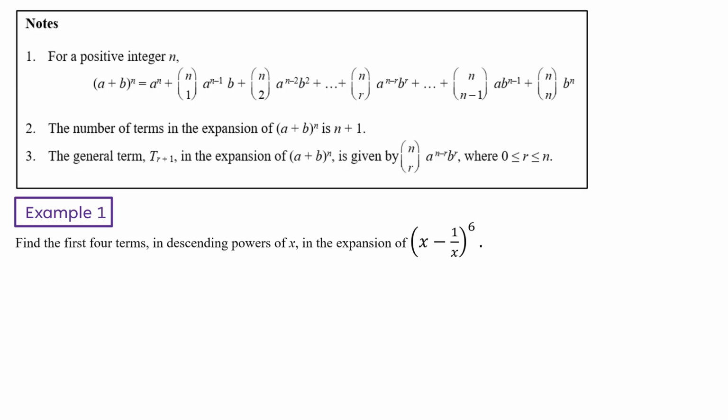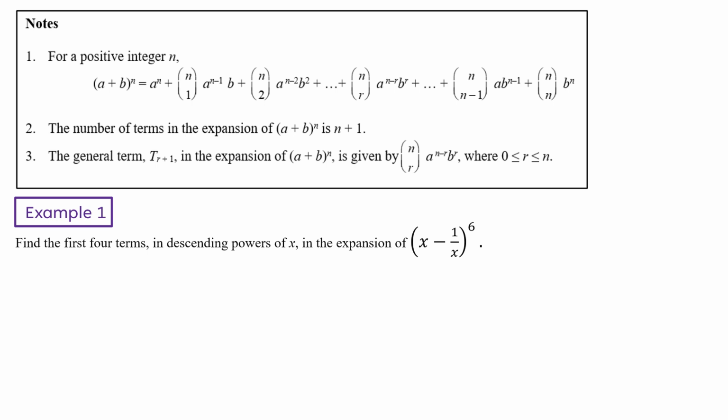First, let's do a recap on the binomial theorem. For a positive integer n, we can expand (a + b)^n using the theorem as shown on the screen. What you need to take note of is that the number of terms in the expansion of (a + b)^n is n + 1.